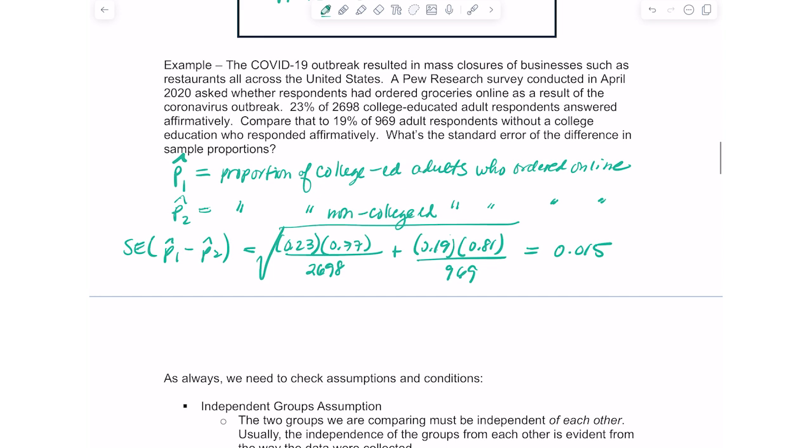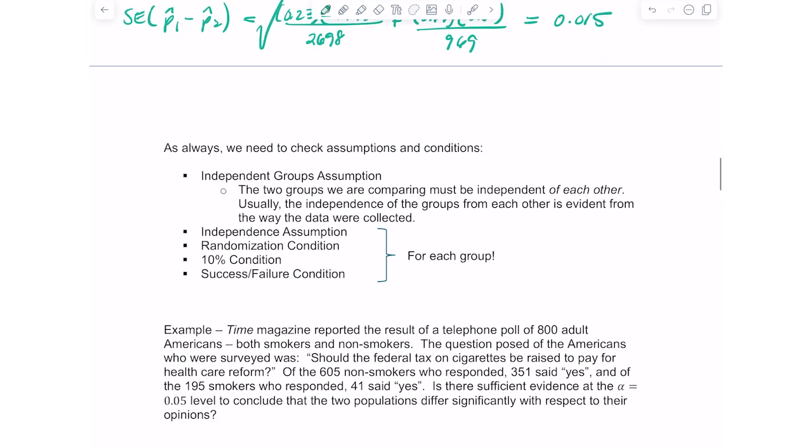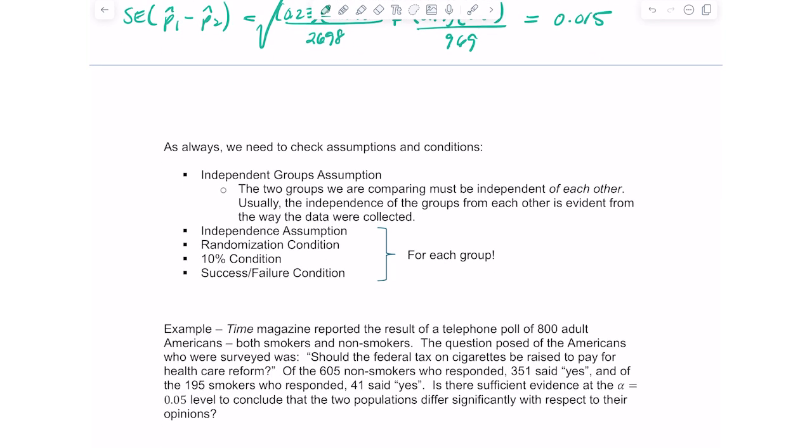As always, we need to check our assumptions and conditions, and of course, we need to check the independent groups assumption, which just says the two groups we're comparing must be independent of each other. Usually the independence of the groups from each other is evident from the way the data were collected. We want to check the randomization condition, for both groups.